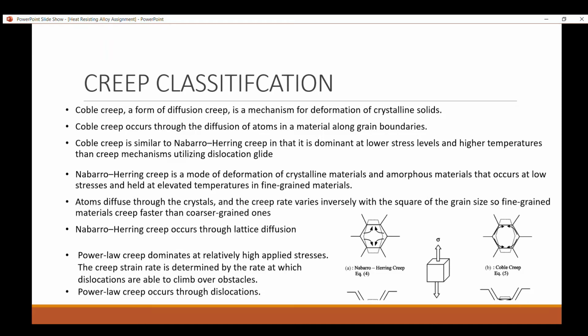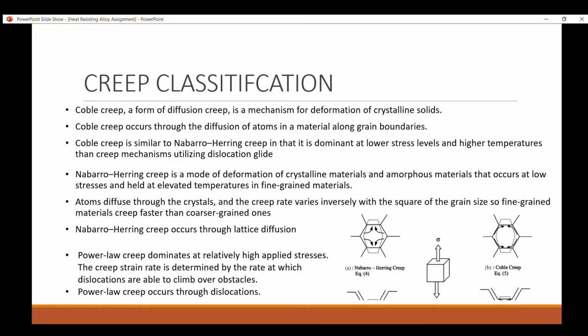Now, this is also the diagram of Nabarro-Herring creep in comparison to Coble creep. They're both similar, in that Coble creep is more dominant at lower stress level and higher temperature than the creep mechanism that utilizes dislocation gliding.